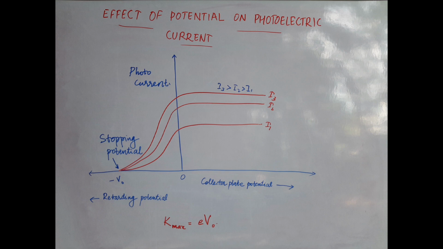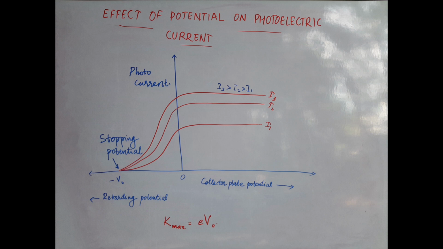So the number of photoelectrons emitted per second is directly proportional to the intensity of radiation. But the stopping potential remains the same for all the incident radiation, whether it is I1, I2 or I3. So for a given frequency of incident radiation, the stopping potential is independent of its intensity.